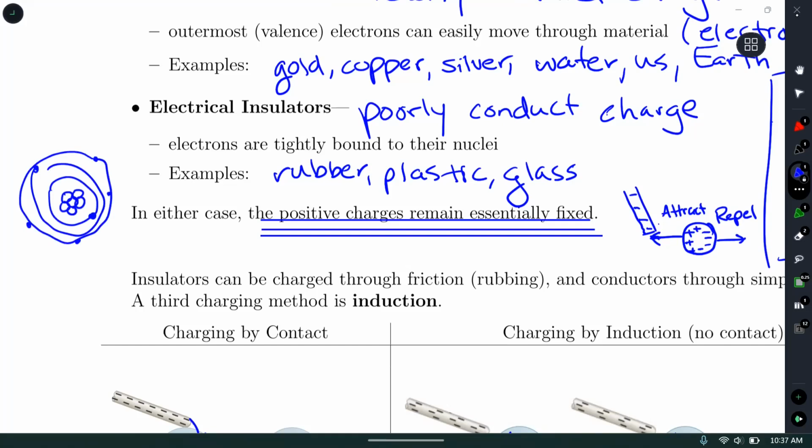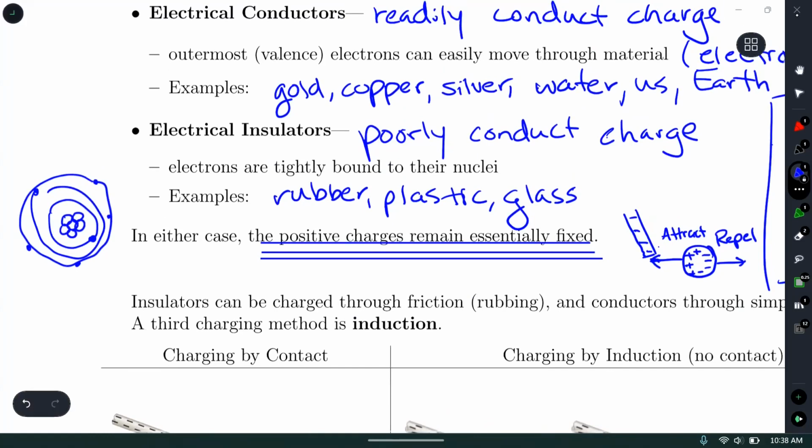When I hold up that negatively charged PVC, those electrons don't leave the nucleus like they can in a conductor, but they do spend just a little bit more time on the side of the nucleus that's farther away from the PVC.